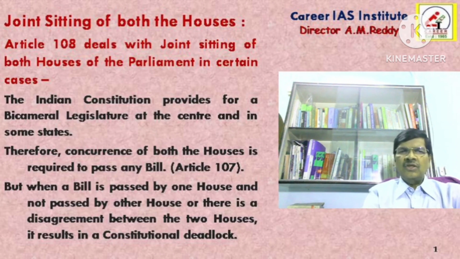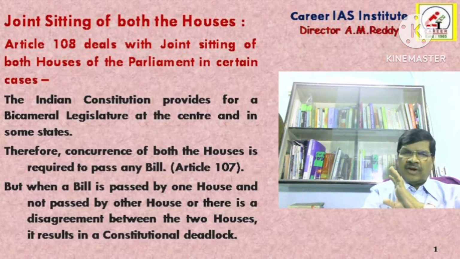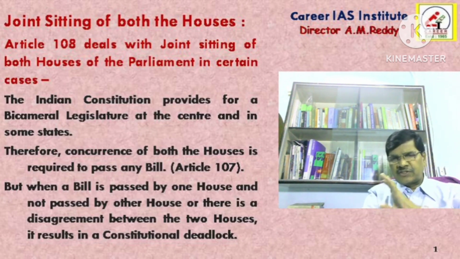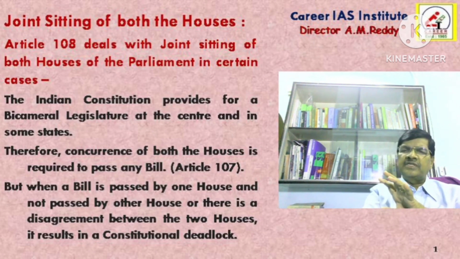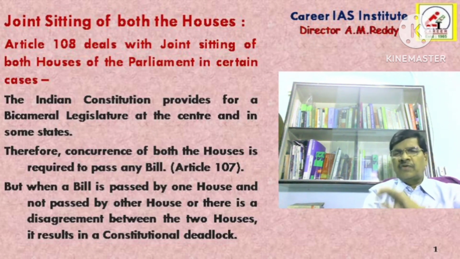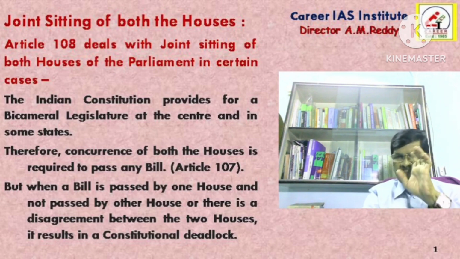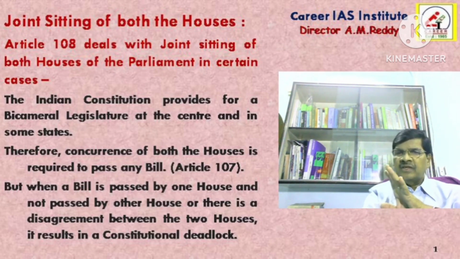So, here the Indian Constitution provides for a bicameral legislature at the center and also in some states. What do you mean by a bicameral legislature? Having two houses of parliament. Our parliament comprises the president, because already we have seen in Article 79 the parliament comprises the president, then the council of states and the house of people.